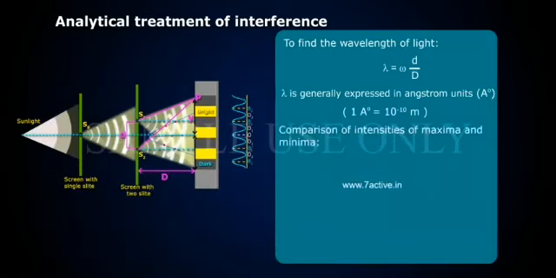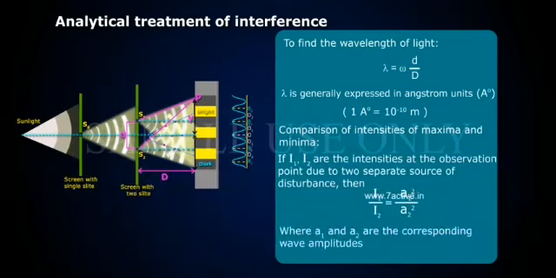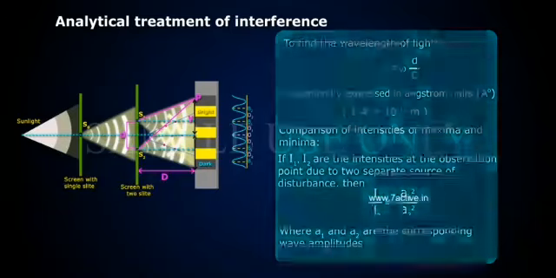Comparison of intensities of maxima and minima. If I1 and I2 are the intensities at the observation point due to two separate sources of disturbance, then I1/I2 = A1²/A2², where A1 and A2 are the corresponding wave amplitudes.